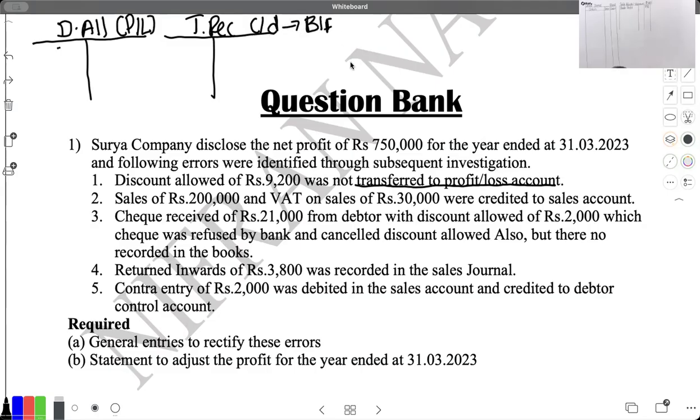So metaphorically, they mean 9,200 was not transferred to the discount allowed account, using the term profit or loss.